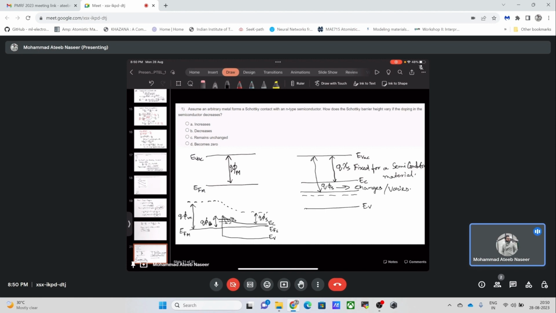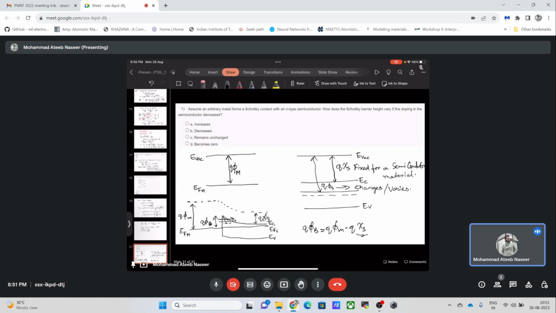So this barrier, Q phi b, is simply equal to Q phi m minus Q phi s. Sorry, not Q phi s. Actually, this is chi that I have drawn over here, Q chi s.